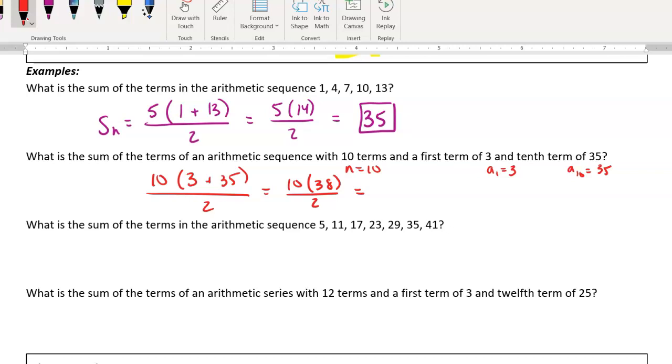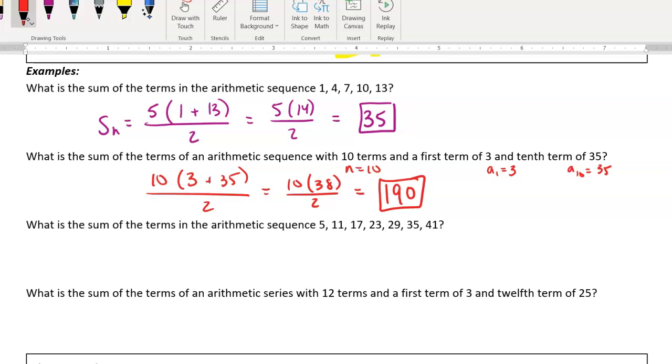Now, 10 divided by 2 is 5, and you might not know what 5 times 38 would be. So this is one where, again, I would take half of 38. Maybe you recognize that half of 38 is 19. And 10 times 19 would be 190. Otherwise, you will have a calculator handy that you can also use.